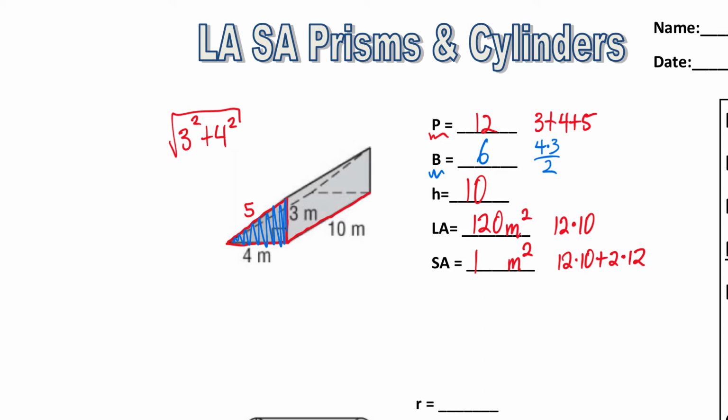Yeah, 144. Oh, 6. Okay, yeah, I knew. Sorry, something was not working there. Area of the base is 6. Okay, yeah. So it is 132, sorry.